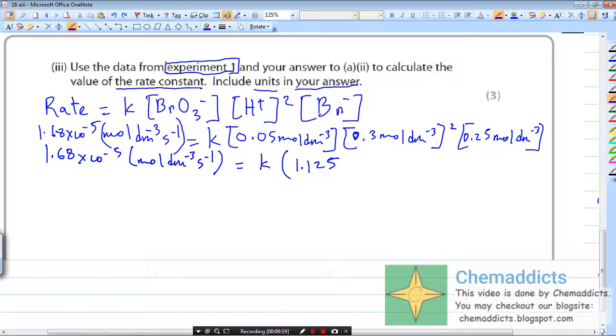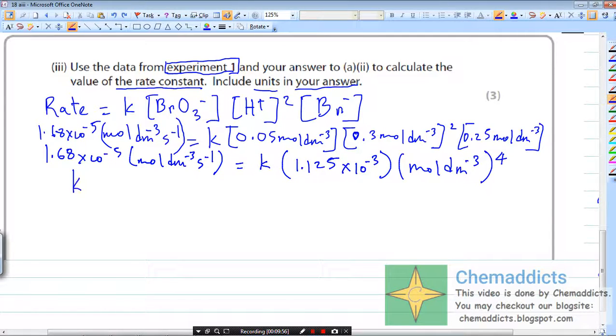Let me calculate. Yeah, this will come as 1.125 into 10 to the power minus 3. And if we multiply these units as well, then we will get mole per dm cube to the power 4.